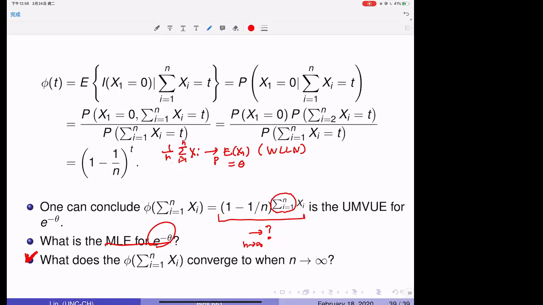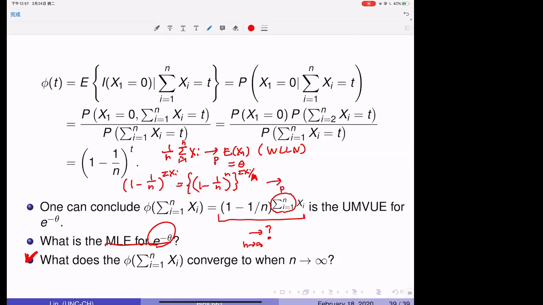So I can rewrite this as 1 minus 1 over n, then have n right here, and I purposely take out the summation of i divided by n. I purposely put n inside, then put n outside, nothing changes.